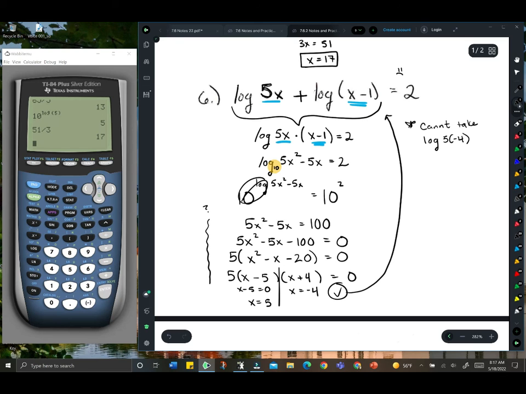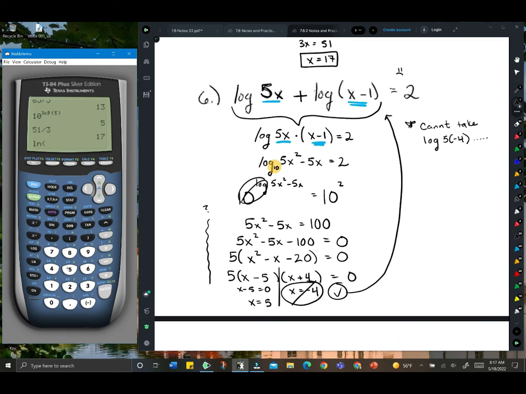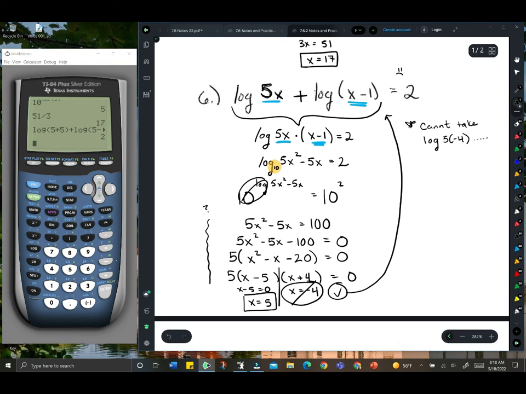Well, that would be log of negative 20, which if you try on your calculator, is going to yell at you. It's undefined. So negative 4 cannot be an answer. When we try out 5, I'll do that in the calculator. We should get 2. And sure enough, we do. So make sure you check your answers for those guys.